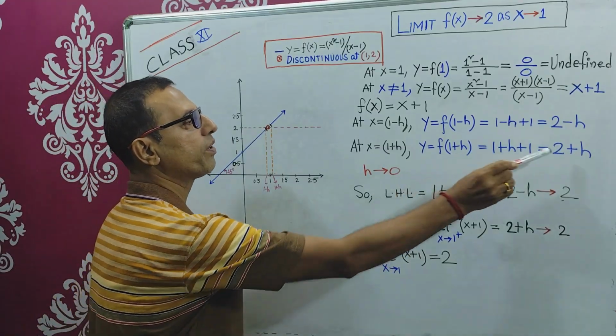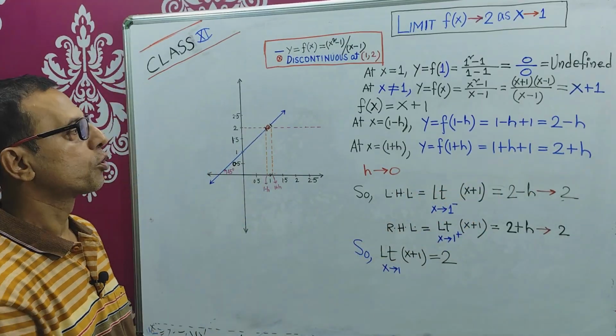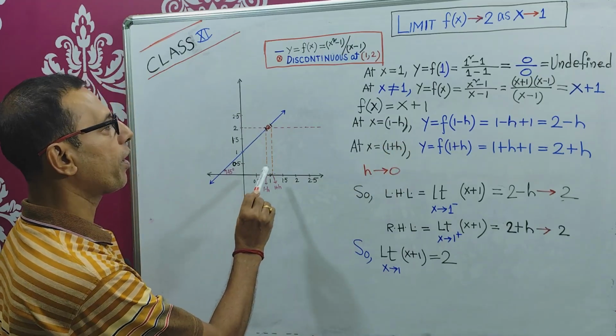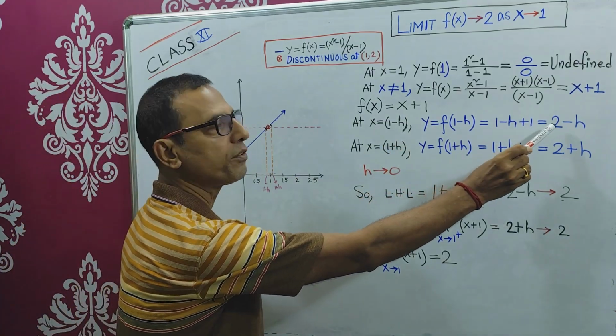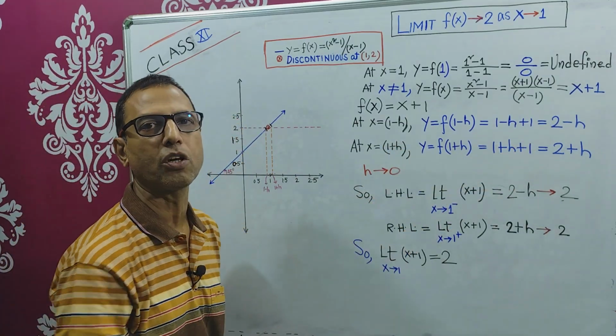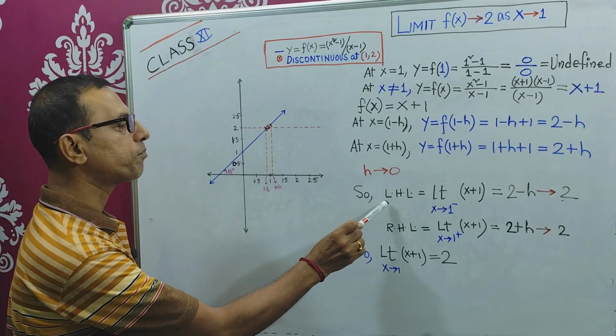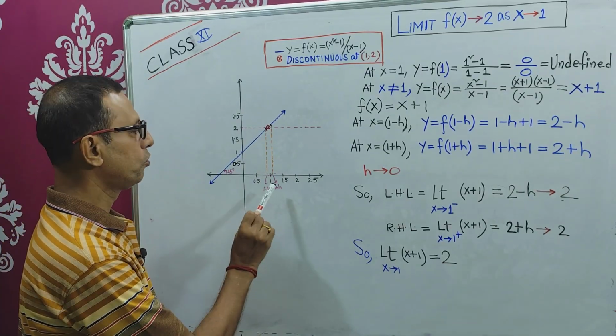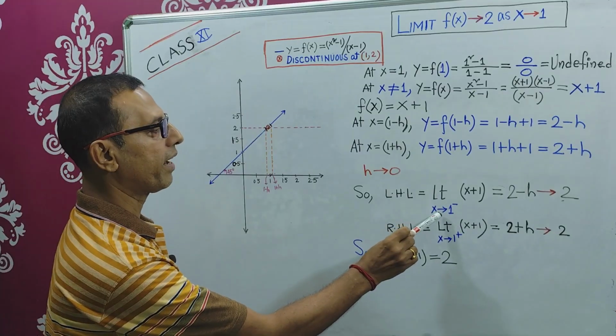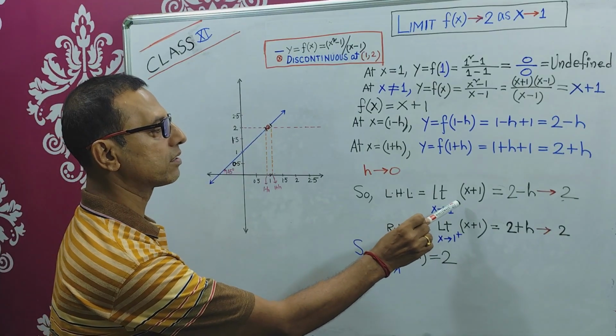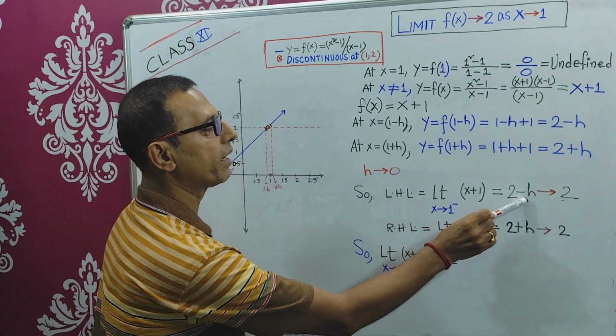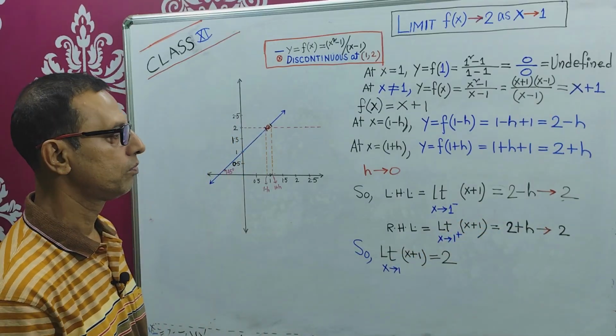So the function value is approaching 2. In both cases, for the left point and the right side point, the function value approaches 2 when h tends to 0. When the left side point approaches x equals 1, I write x tends to 1 minus, the value 2 minus h approaches 2.